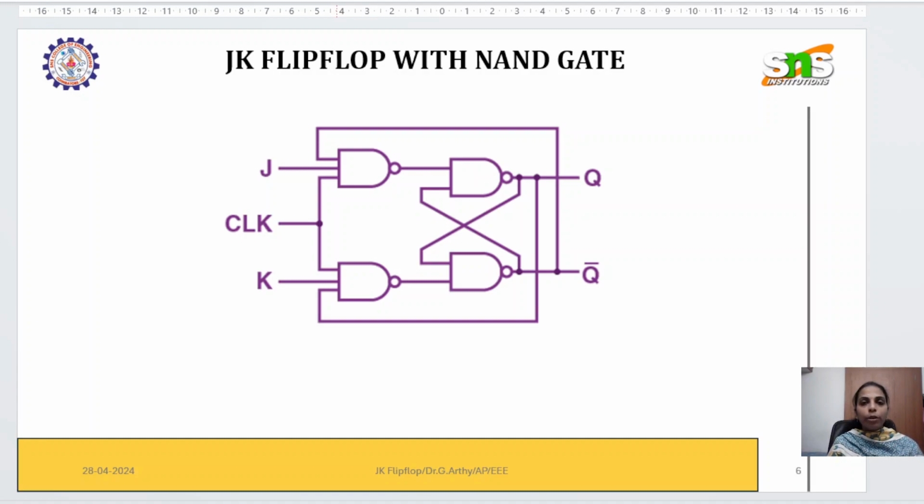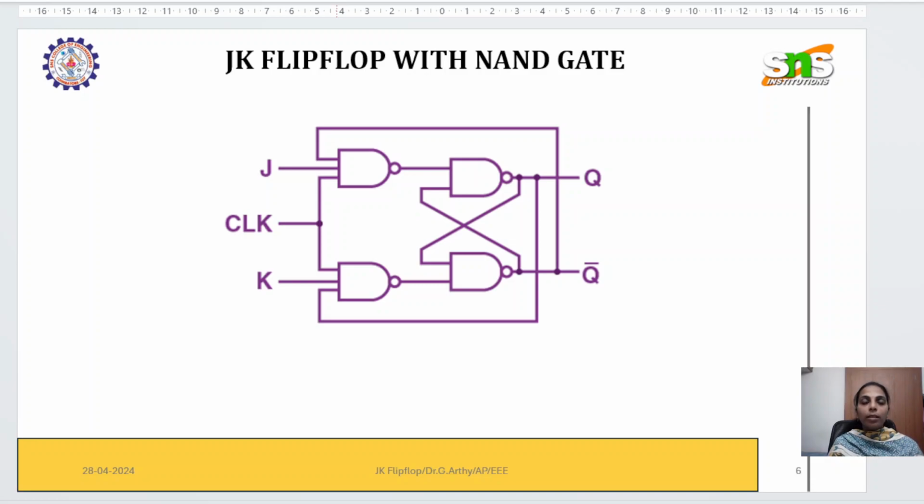So SR flip-flop has a drawback. If you have noticed, when we realize either using NAND gate or NOR gate, when S is equal to 0 and R is equal to 0, or S is equal to 1 and R is equal to 1, in two different cases, we have the invalid states or undefined states, right? That is, Q as well as Q bar will be either 0 or will be equal to 1, which is not acceptable.